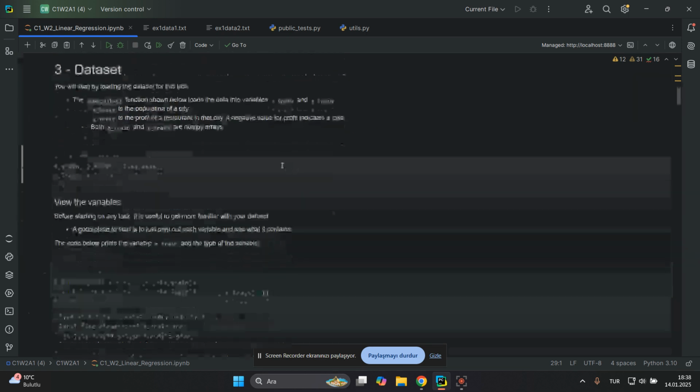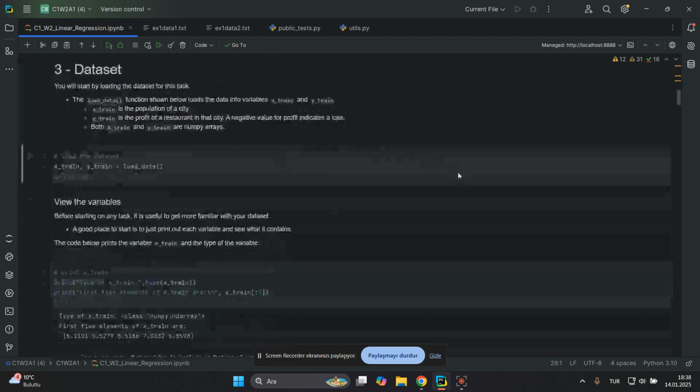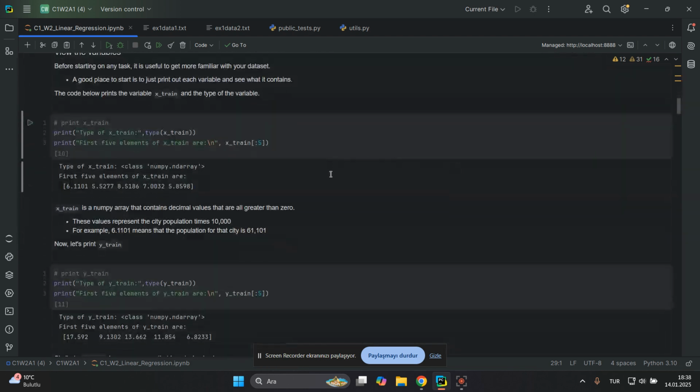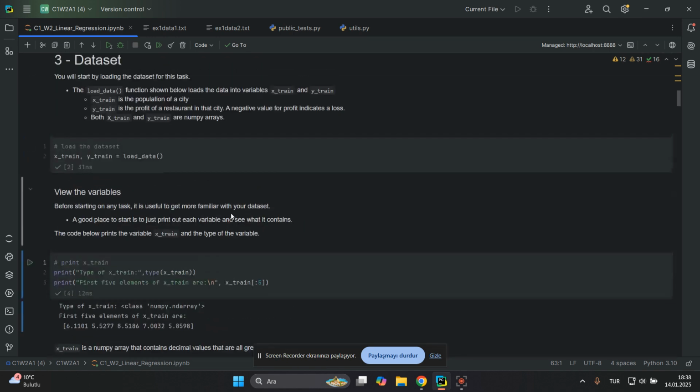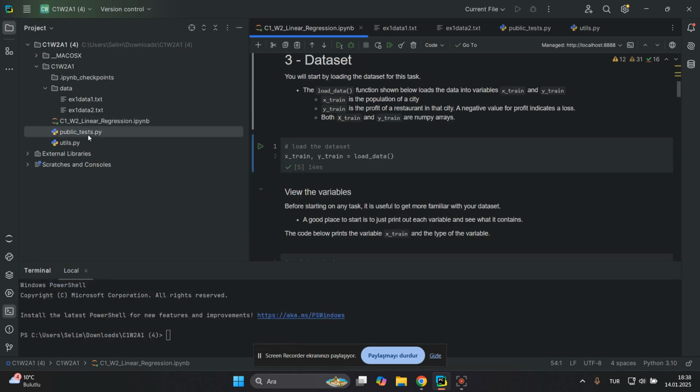And we're going to load the dataset in here. We are just loading the datasets X-train and Y-train. I'm not sure where the load data is.